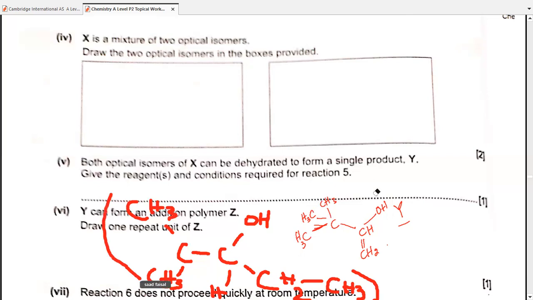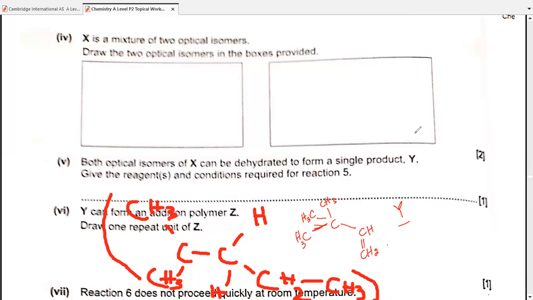My bad, I'm making a big mistake. Of course, we'll eliminate this OH. Big mistake, sorry. We eliminated this H and this OH to form the alkene. Now the entire diagonal setting should be easy.